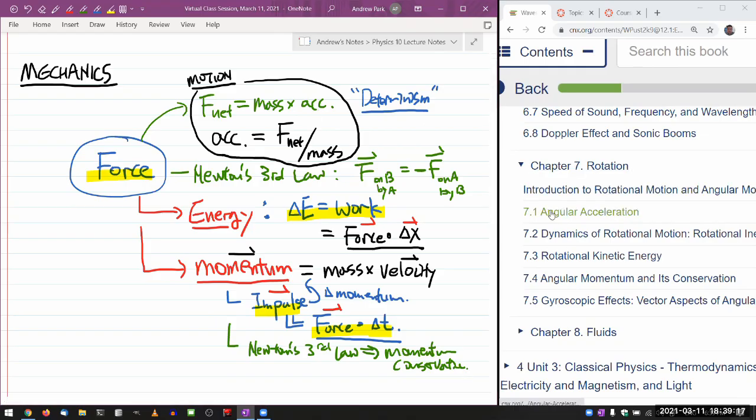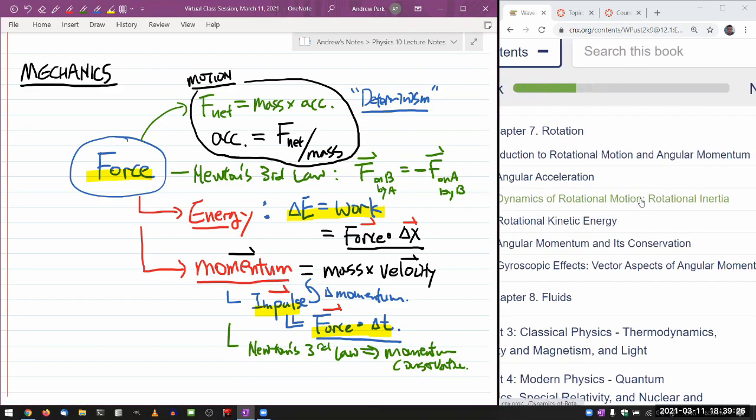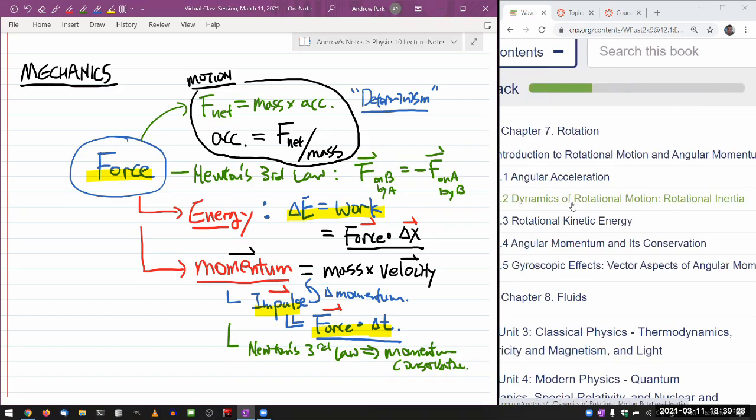We talk about angular acceleration. And before we talked about how force causes acceleration. And here in dynamics of rotational motion, rotational inertia, we talk about how something that's analogous to force causes angular acceleration. We call that torque.